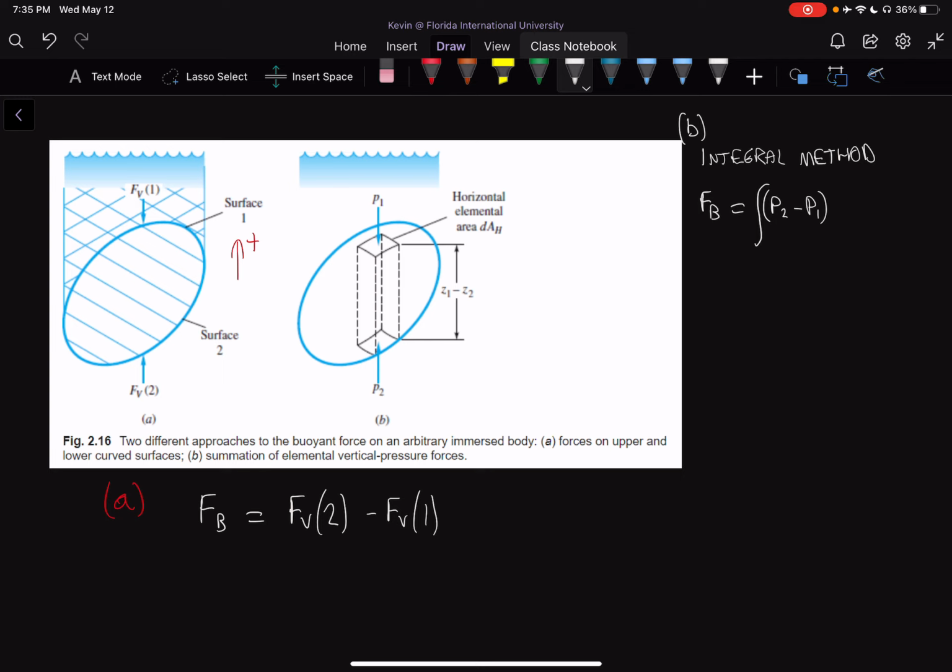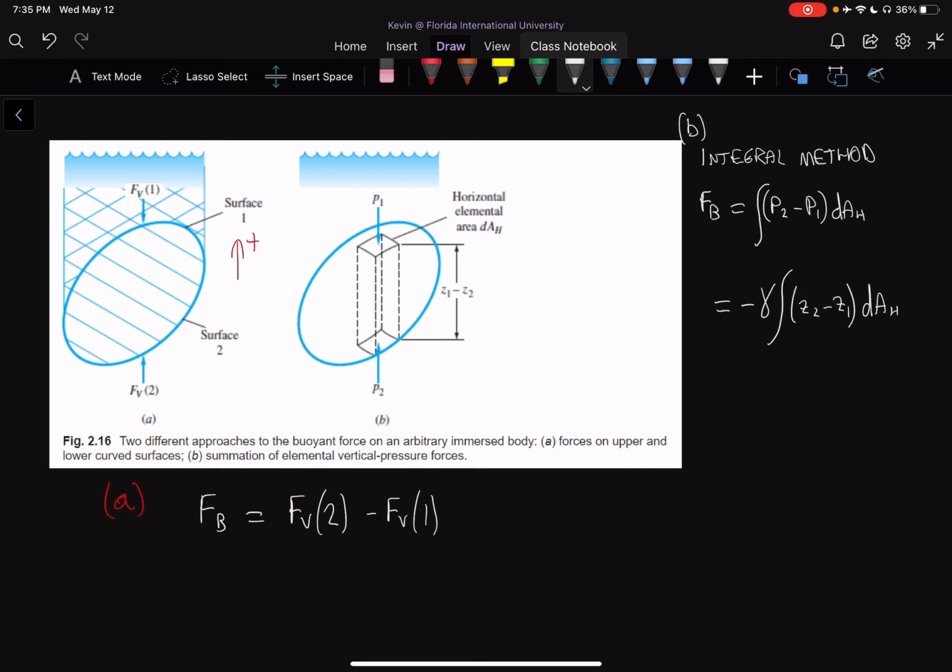Instead of the forces, now we're looking at the pressures on an element times dA height. And remember, we know our definition of pressure: P2 minus P1 is minus gamma times Z2 minus Z1. So we can substitute this with minus gamma outside of the integral because it's a constant, multiplied by Z2 minus Z1, and it's a constant for liquids in this case, times dA height.